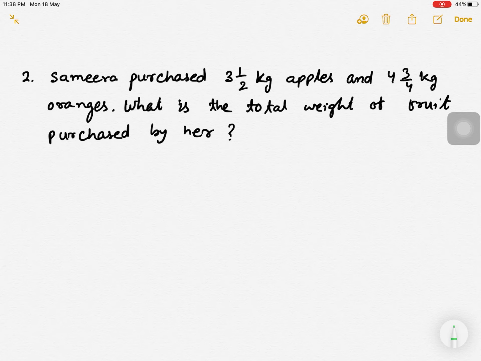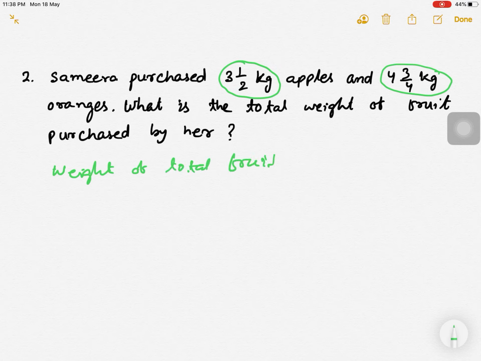So here Samira has purchased apples and oranges, and the quantity of apple is 3 whole 1 by 2 kg, and quantity of oranges is 4 whole 3 by 4 kg. So what is the weight of total fruits?